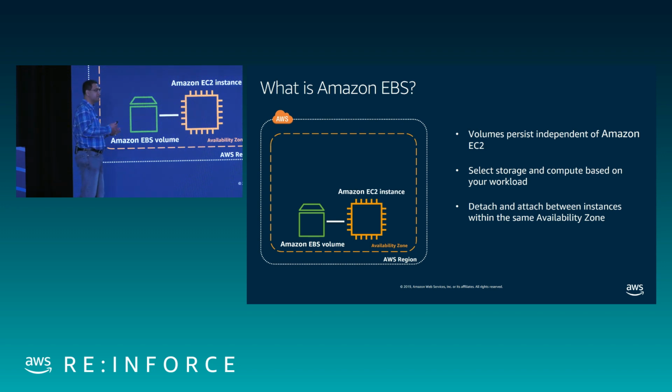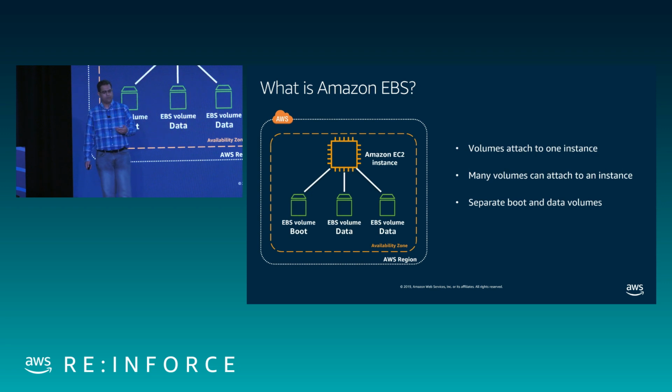Right? So in other words, you get flexibility in terms of moving from one instance type to another within the same availability zone. In general, it is not an uncommon configuration to have a single EC2 instance attached to many EBS volumes. However, a single EBS volume attaches to one and only one instance.